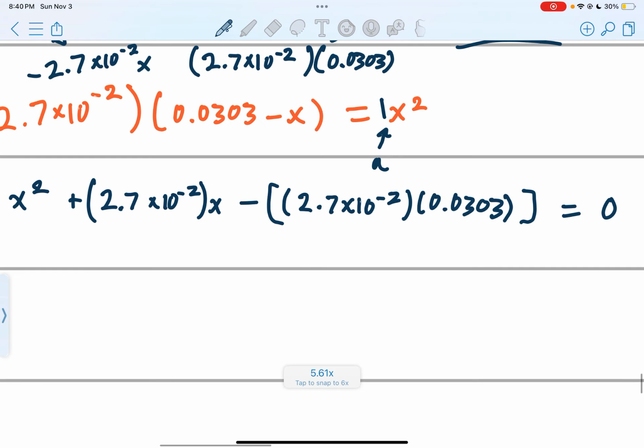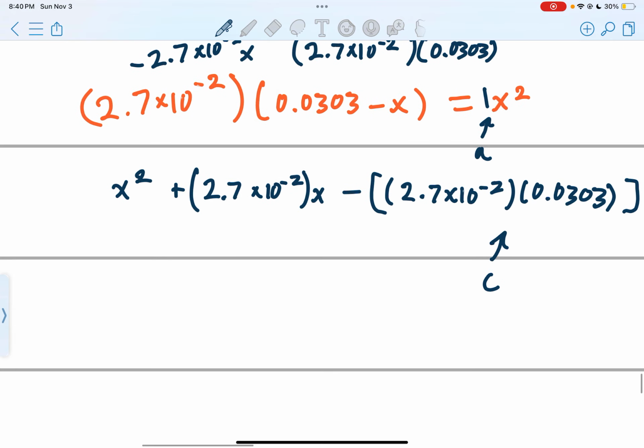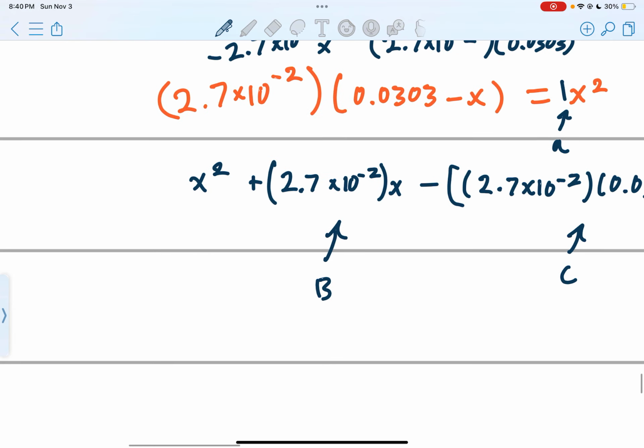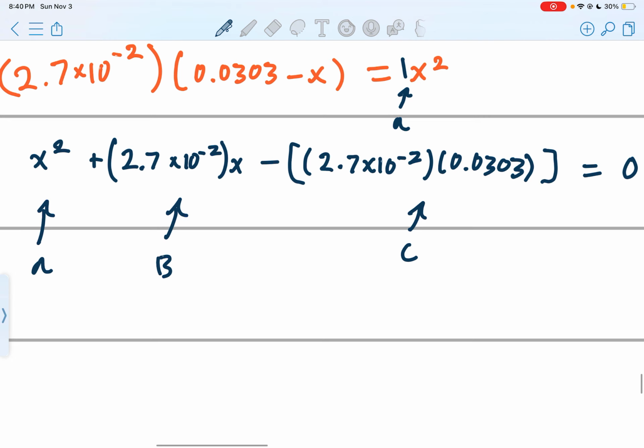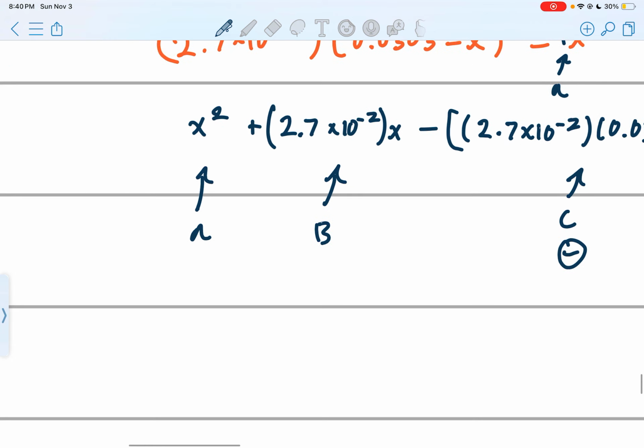So this is our C, this is our B, and this is our A. And it's really important that you use the correct signs, because if you don't, you'll get a completely different answer. That is the nature of math. But our C value is negative here, right? And our other two are positive. So we can just plug them in as is.